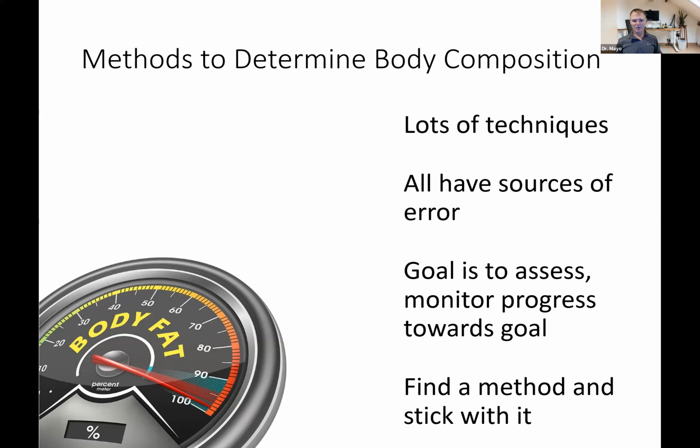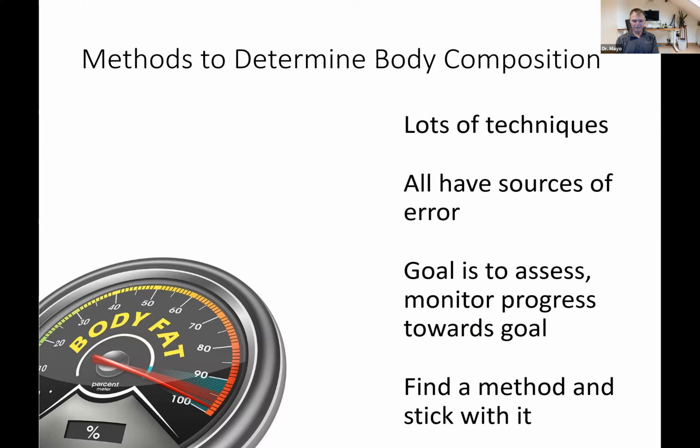Does that make sense? So the whole goal of doing this assessment is to have a starting point. Same thing when we start talking about calculating calories and putting a meal plan together, right? This is where we start. So if you've got somebody that's 25% body fat, maybe the goal is to get them down just a couple of percent. Maybe your goal is to get them to 22%.